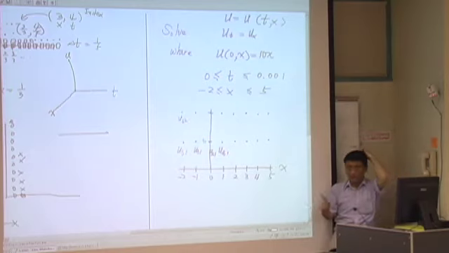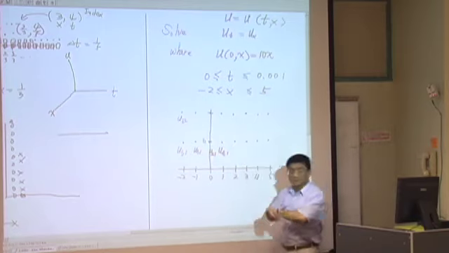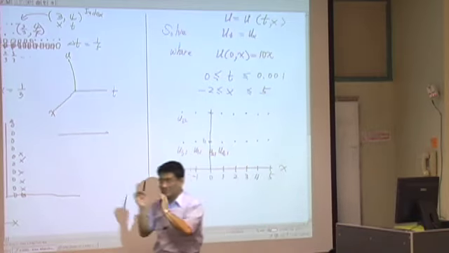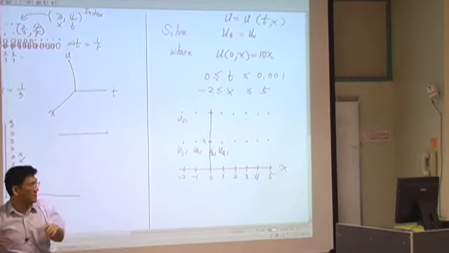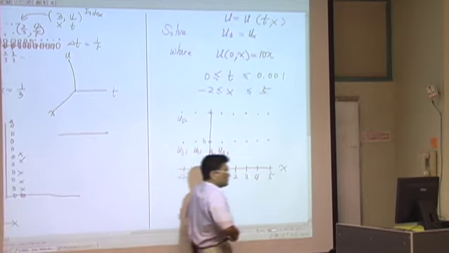And so on. So roughly we need this many unknowns. We just name them. We don't know the value, we name them.